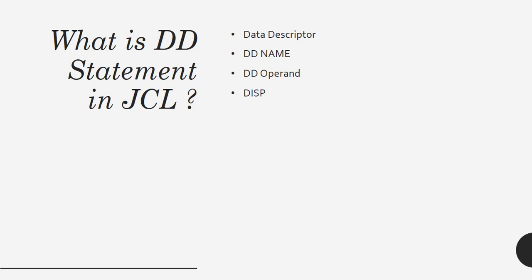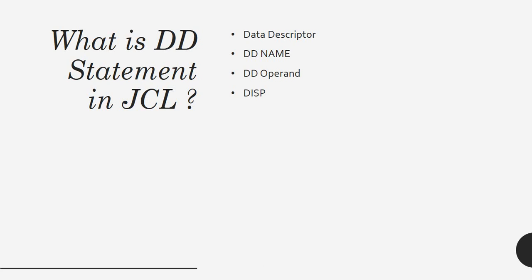For example, when you are using the sort utility, you will be using SORTIN and SORTOUT as system defined DD names. Not only this, SYSPRINT and SYSOUT are also system defined DD names that we use. And if you are writing a COBOL program, you have your own logical DD names defined there, and you will map them to the JCL. So you will have your own user defined DD names as well.